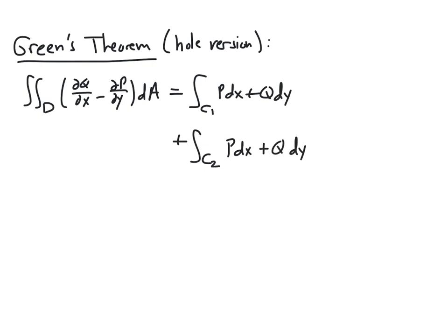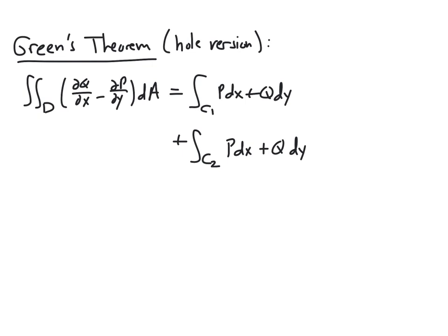And so again, we have to remember C1, the outside curve, needs to be oriented counterclockwise so that the region is on the left. And this curve C2 has to be oriented in the clockwise direction, again, so that the region is on its left.